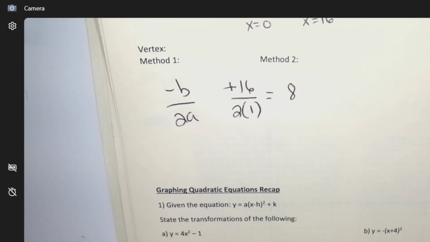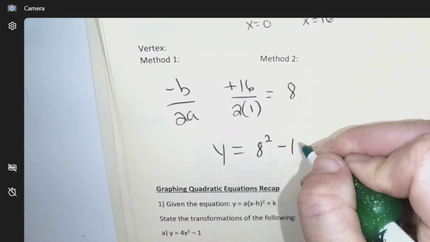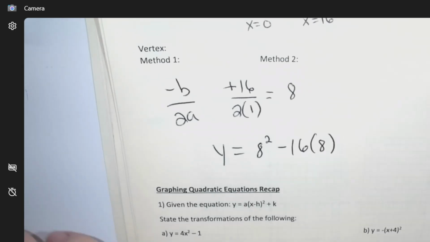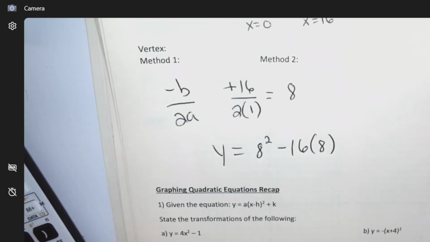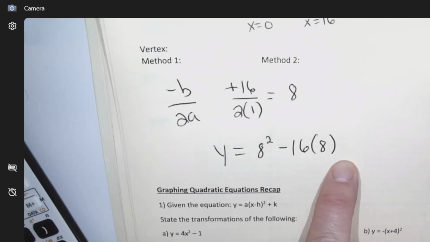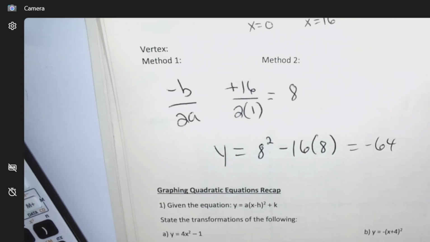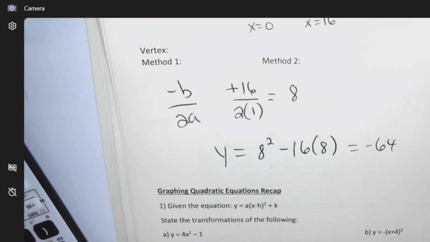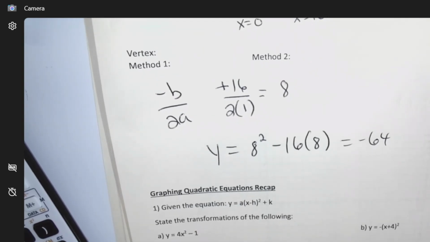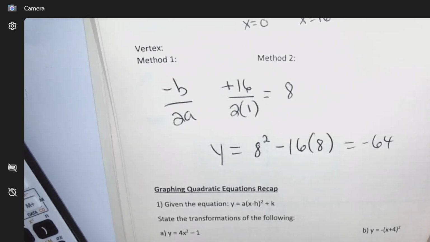We already knew that, so we did it right. Plug-in. So this is called my plug-in. So there's the vertex.